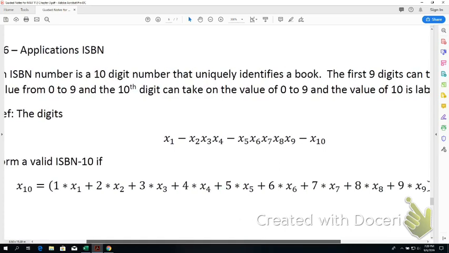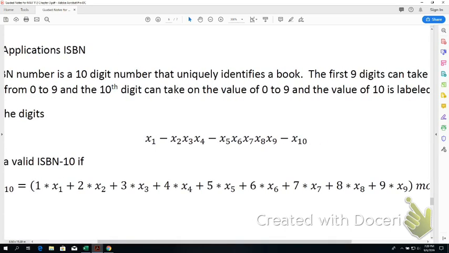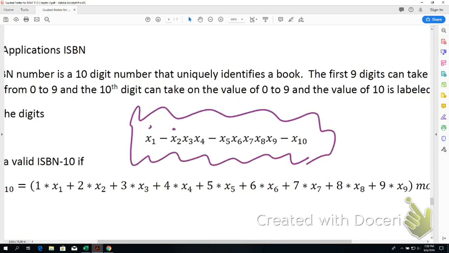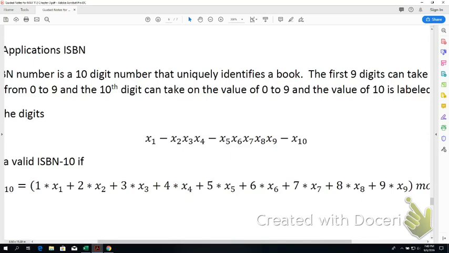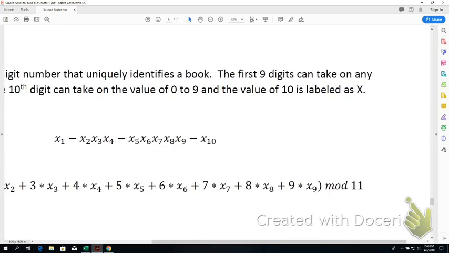Each digit on the ISBN, as you see labeled here, first, second, third, up to the 10th, will have a value from 0 to 9, and the 10th digit might also have the value of 10, but remember, a digit can only be one thing, not two. 10 is two numbers, so if it's a 10, it's labeled as X.